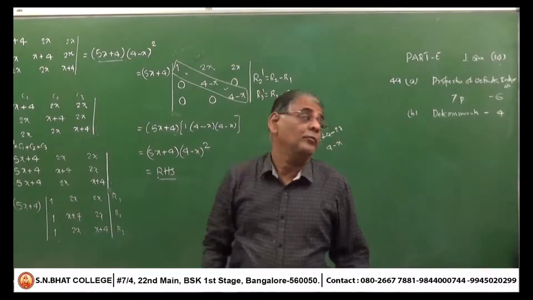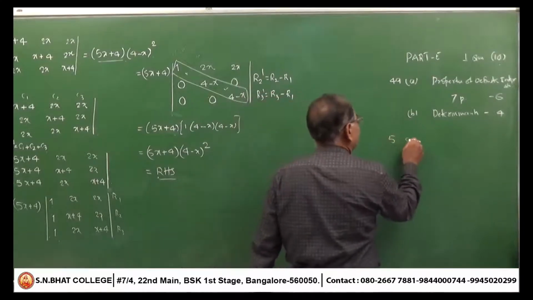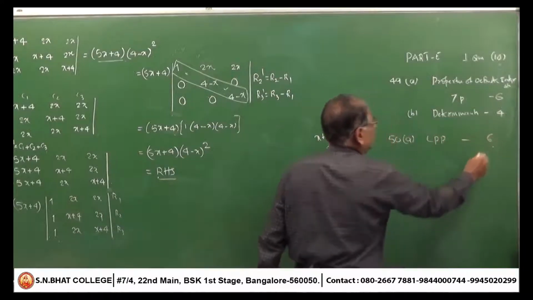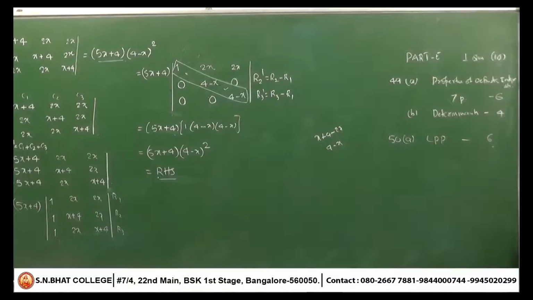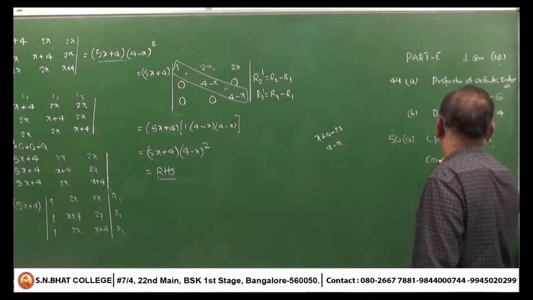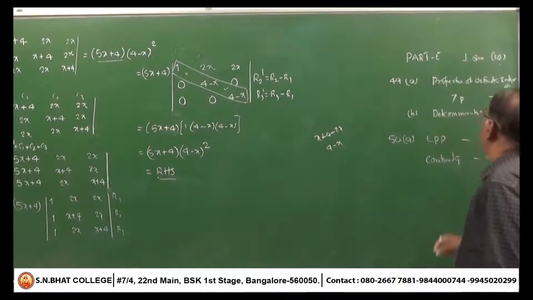This type of question comes in 49B. And 50th A is an LPP problem, 6 marks. After completing this chapter, I am going to start with LPP. LPP is a 6 marks question. And for this one, continuity and differentiation, a continuity problem for 4 marks.